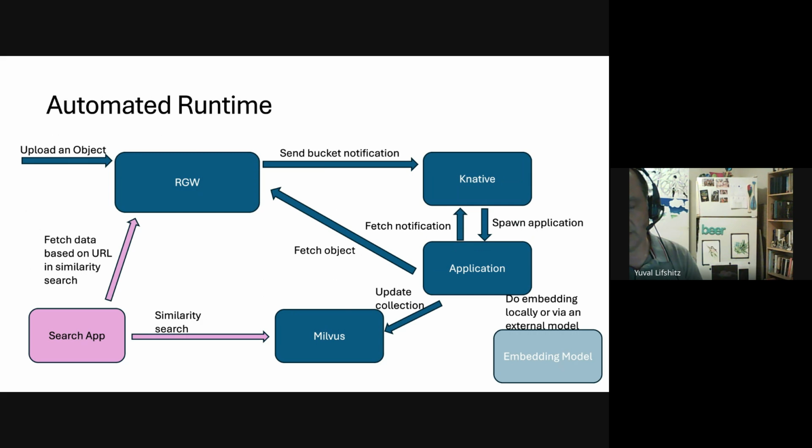It can do that locally or based on an external model that can also reside within the Kubernetes cluster. So, for example, what we've seen is that for the text embedding, we used a model that was like 8 gigabytes. On one hand, we don't want to use an embedding library with just an API call to OpenAI or something like that, because it doesn't make sense to send the pseudo module information outside of the cluster to the internet for the embedding.